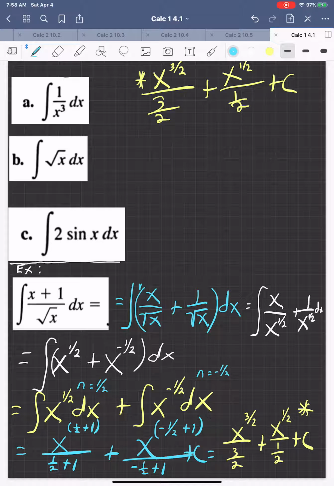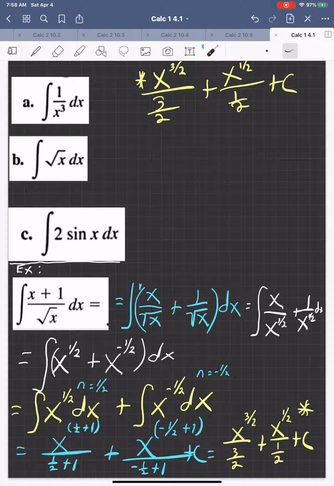So watch what I'm going to do here. So to divide by 2, right? Sorry. To divide by 2 is to multiply by 1/2, right? So to divide by 3/2 is to multiply by 2/3.